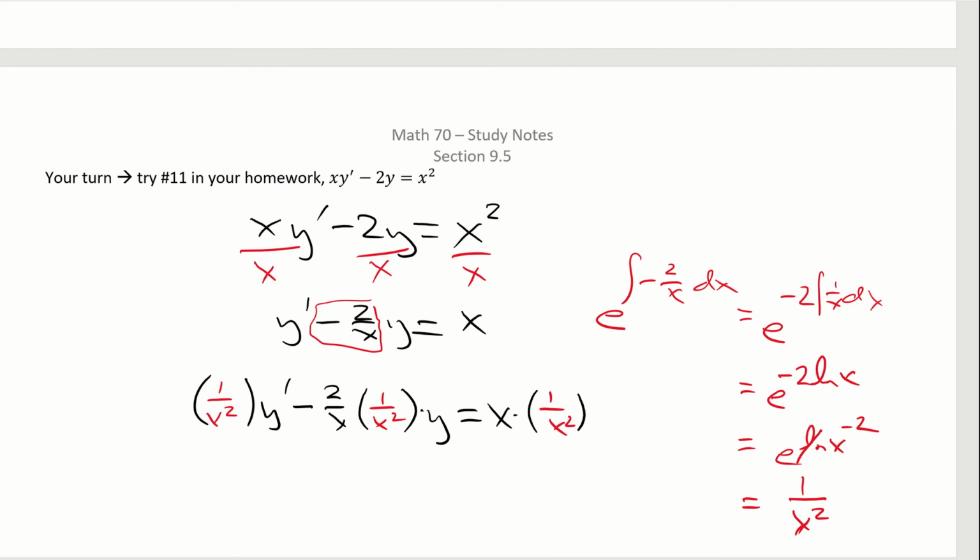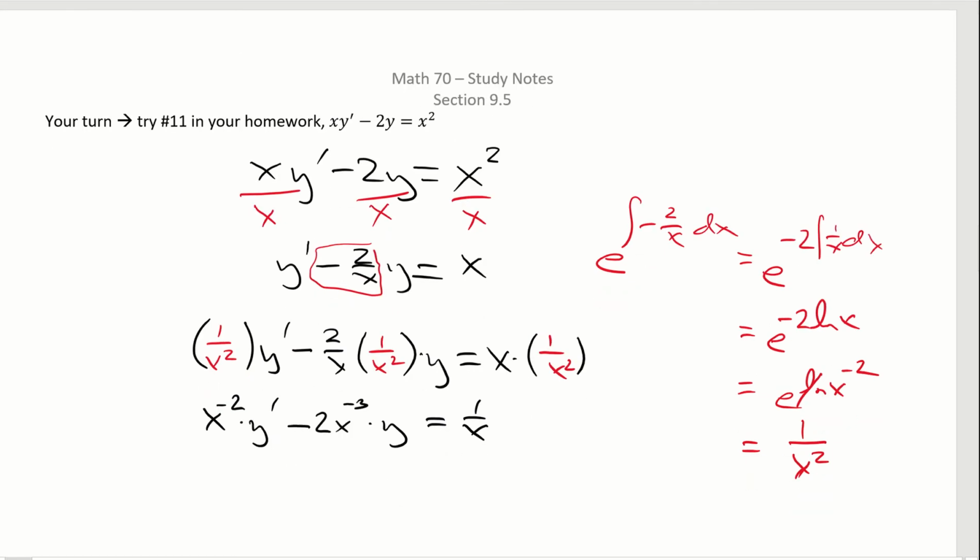Now we're supposed to stare at this side. Well, no, not yet. You have to clean up that stuff so you can see it better. So I'll write it as powers. I'll write this as x to the minus 2 times y prime. Here we have a minus 2x to the minus 3 times y. And on the other side, we have 1 over x.